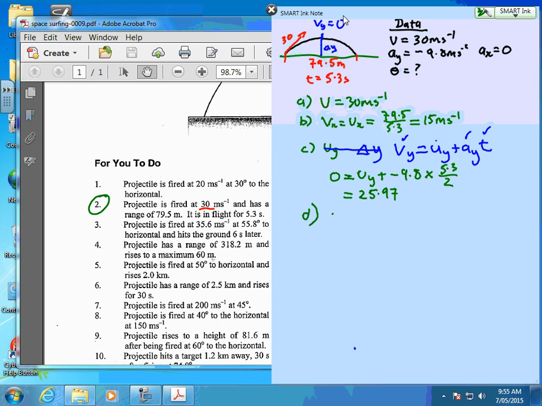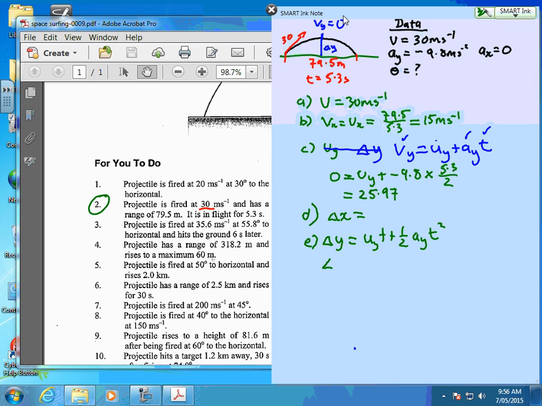We know the range. And then for delta y, you use the half, which is uyt plus a half ayt squared. Now, the trick with this one, guys, is that delta y is being measured halfway through the journey again. And the other thing to remember is that ay is negative.